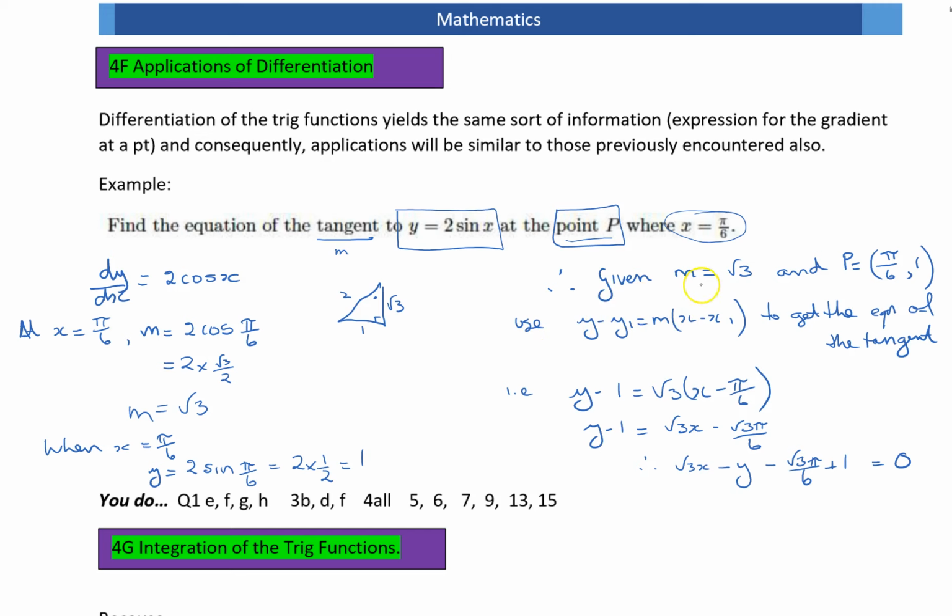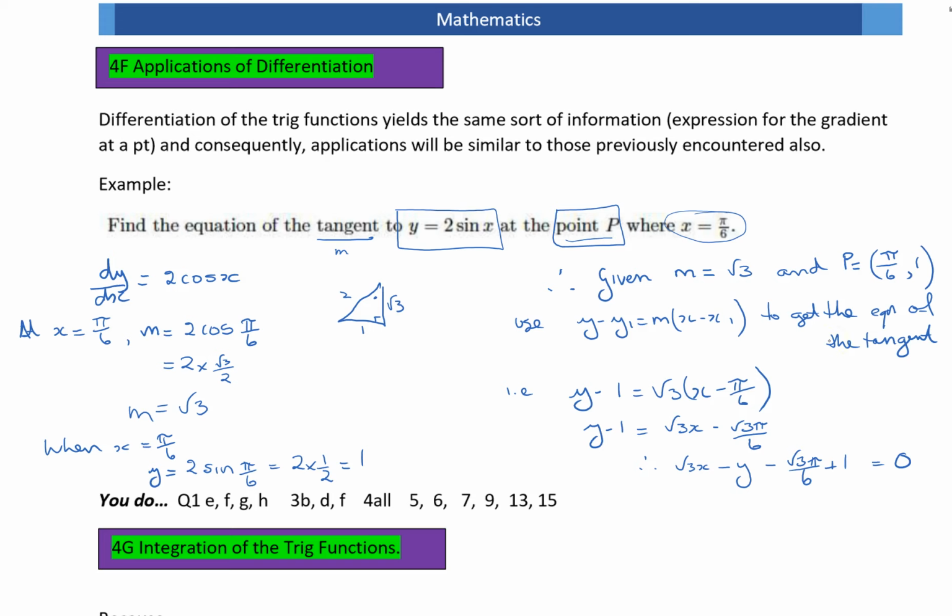So I'm going, given that is the gradient, that is the point, I'm going to use this to get the equation of the tangent. The marker will be in no ways wondering what your thought process is if you set your work out like this. And that's really good, to be able to put the marker at ease about what you're actually doing.